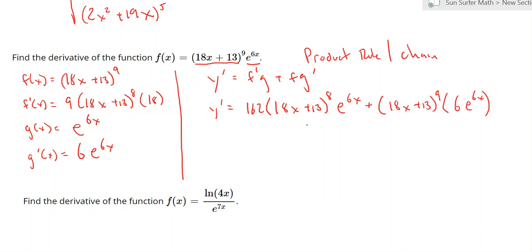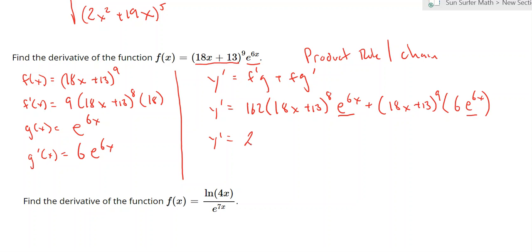The only thing left to do now is to see if we can simplify a little bit. We have a factor of e to the 6x, which we can factor out. I also have a 6 and a 162, and so I can take a factor of 2 out.